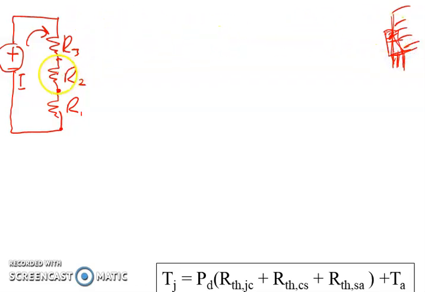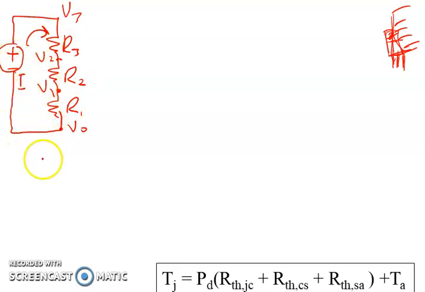So the equivalent circuit, in terms of electrical equivalent circuit, will be a source of current with 3 elements of thermal resistance. In electrical, you can represent this as V3, here is V2, here is V1, and here we can put V0.